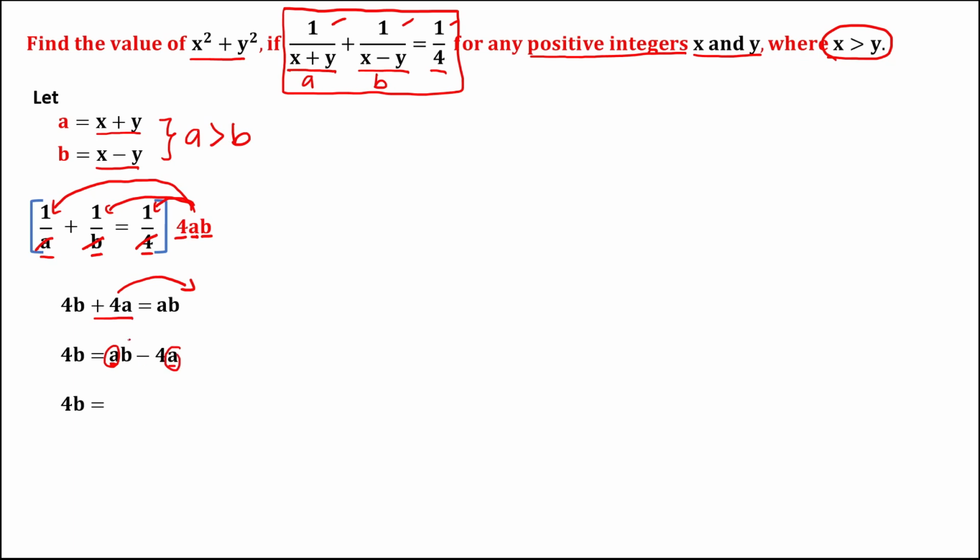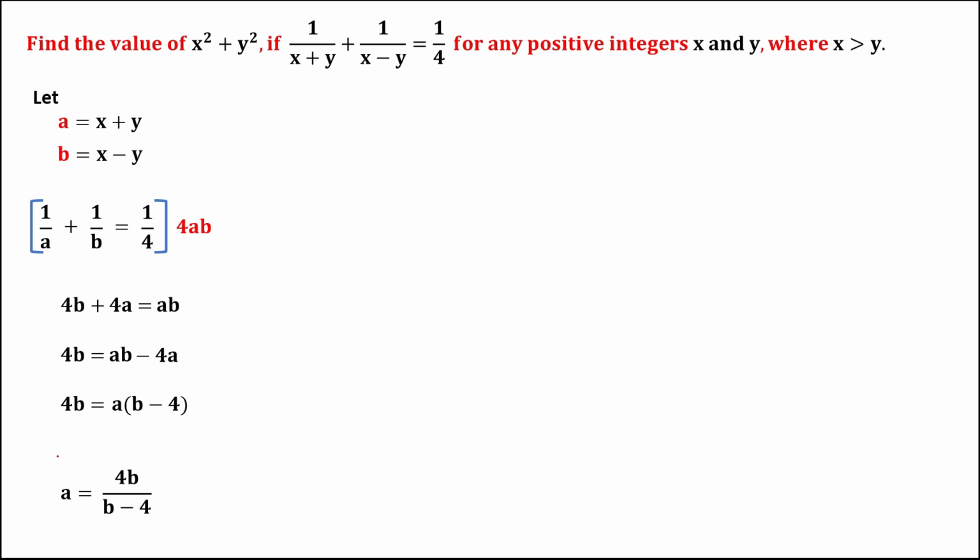So this becomes a times (b minus 4). Then to solve for a, divide both sides by b minus 4. Then we can cancel. So we have now a equals 4b over b minus 4.